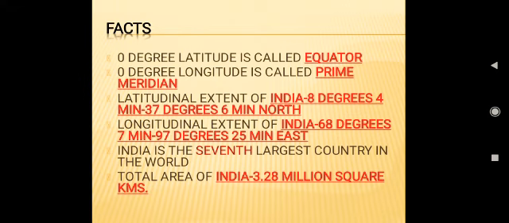The longitudinal extent of India is 68 degrees 7 minutes to 97 degrees 25 minutes east. India is the 7th largest country in the world. The total area of India is 3.28 million square kilometers.